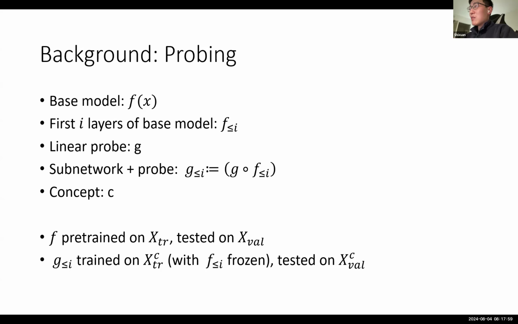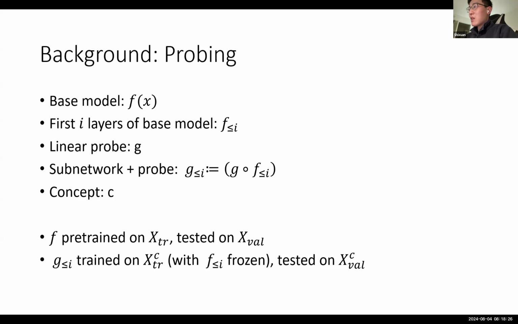For the images with our concept, we'll annotate the label as 1, and for those without, we'll label them as 0. After relabeling, we'll train our subnetwork plus probe on this re-annotated data set.